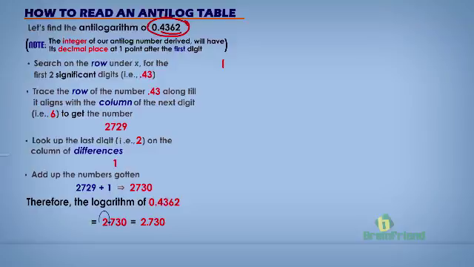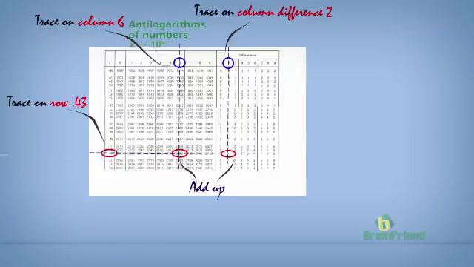Let's go ahead and look at our table. So we have our row here as 0.43. If we trace this down, the third digit 6 would be traced on our column here, traced down to get an intercept of 2729.